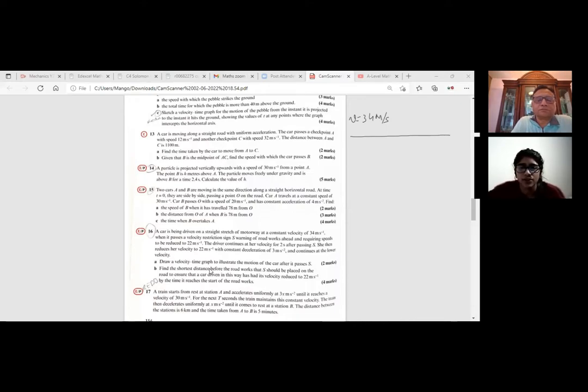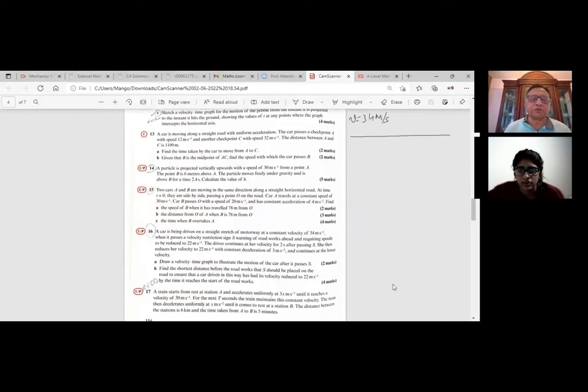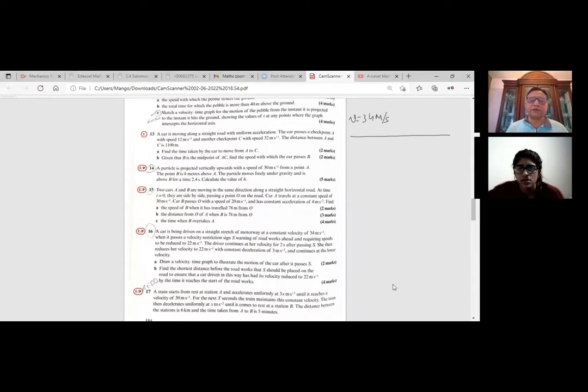Draw a velocity time graph to illustrate the motion of the car, and find the shortest distance before the road work that the sign should be placed on the road to ensure that a car driven in this way has had its velocity reduced to 22 meters per second by the time it reaches the start of the road work.